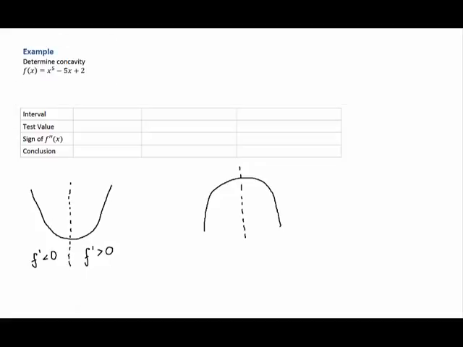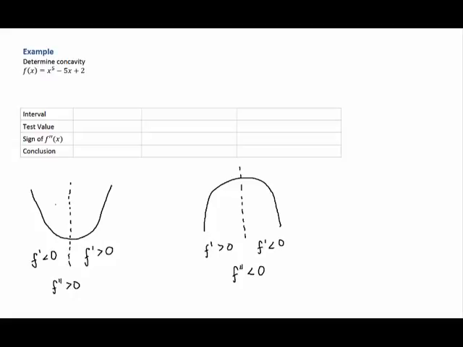So on this whole interval, the second derivative, which is the derivative of the derivative, is positive because the first derivative is increasing. Now in this case, the first derivative is going from positive to negative. That tells you the first derivative itself is decreasing, and so the second derivative is negative.